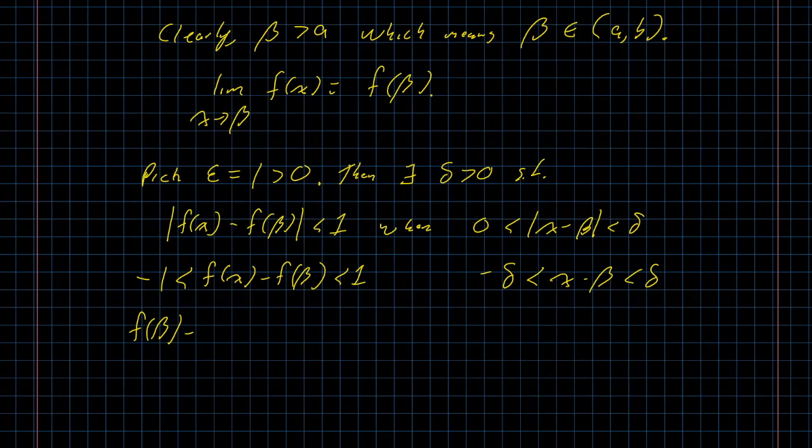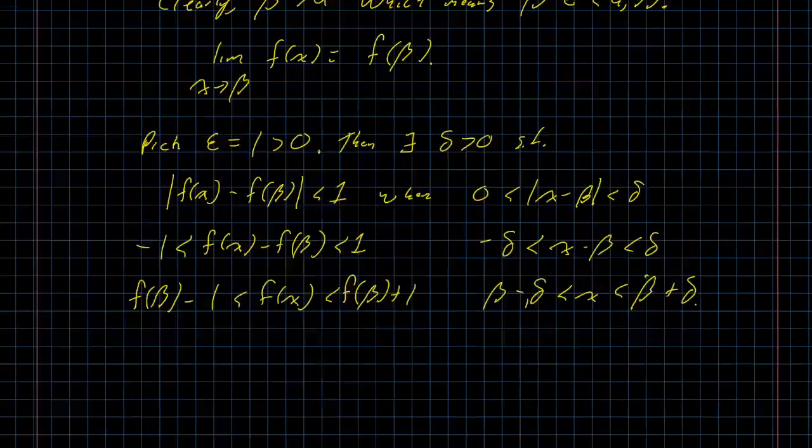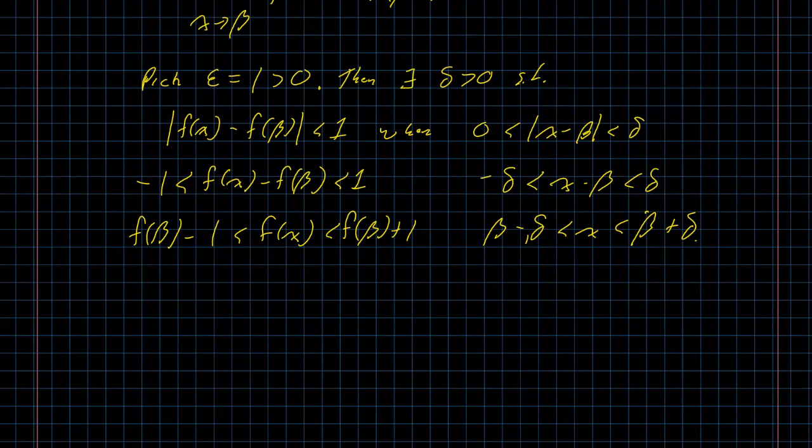F of beta minus 1 is less than f of x is less than f of beta plus 1. Beta minus delta is less than x is less than beta plus delta. All right. And here we're going to get a mess showing up on our hands.